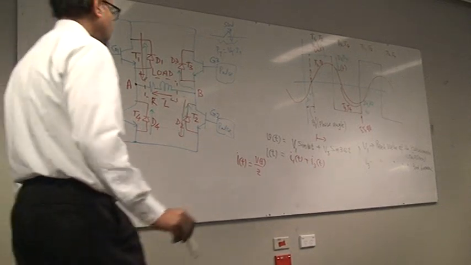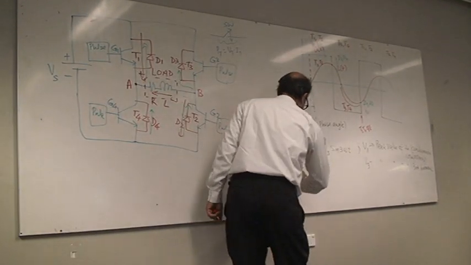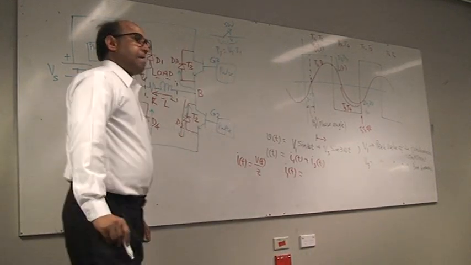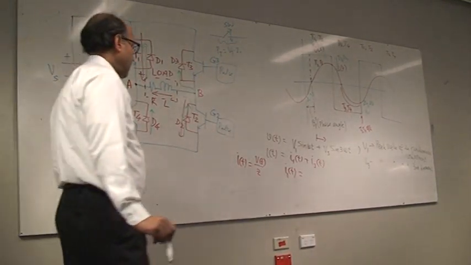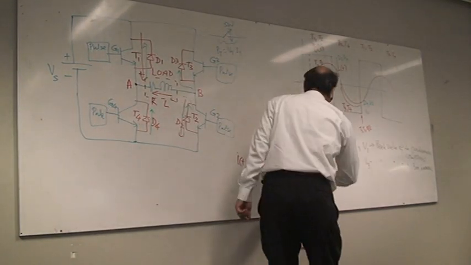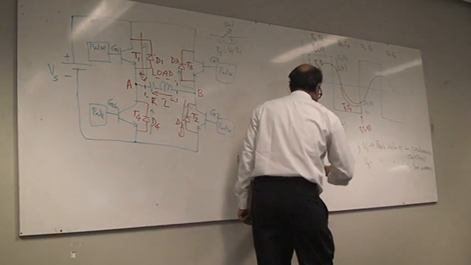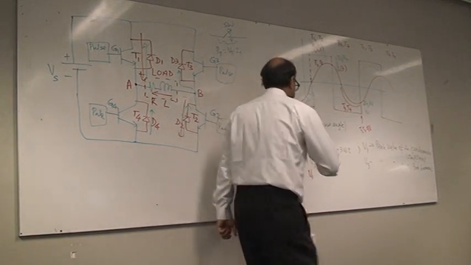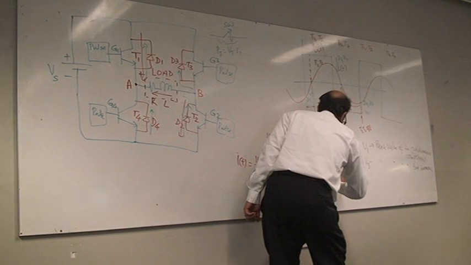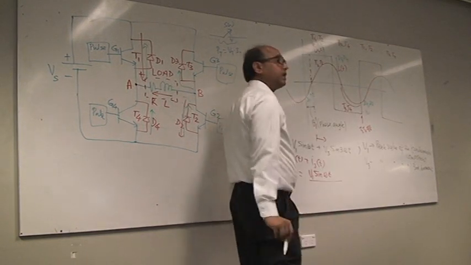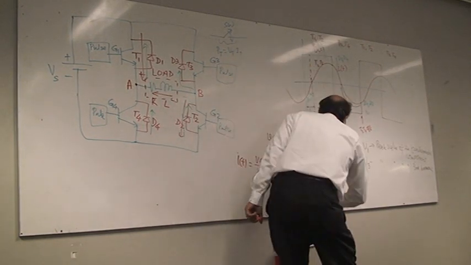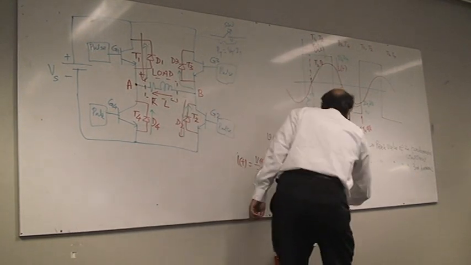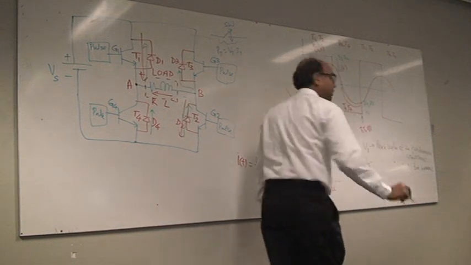Okay? So what is I1t here? V1 sine omega t over R plus j omega L, isn't it?